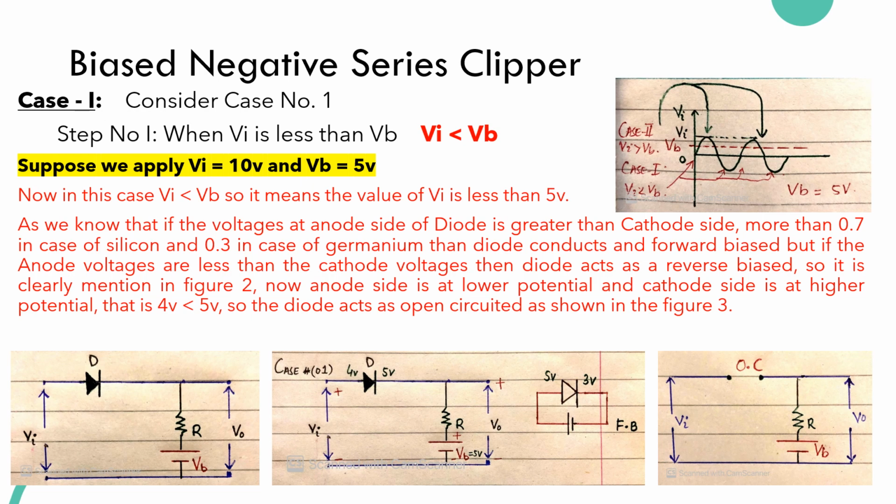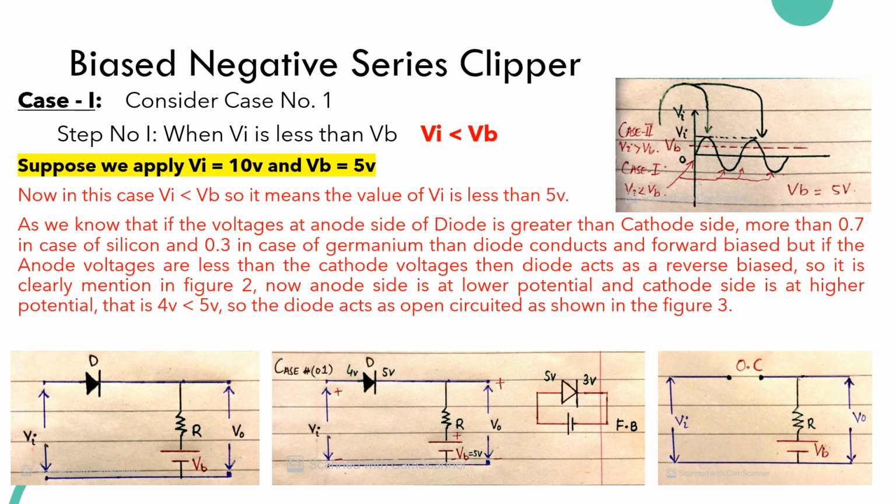But in this case number 1 of biased negative series clipper, we apply 4 volts at the anode side and 5 volts at the cathode side. Why at the cathode side is there 5 volts? Because the battery upward terminal is positive, so this plus 5 volts appears at the cathode side due to VB, but at the anode side the voltage is less than VB.